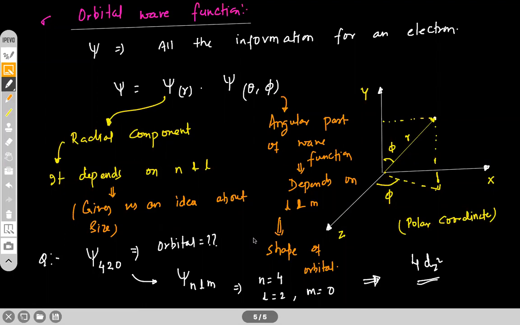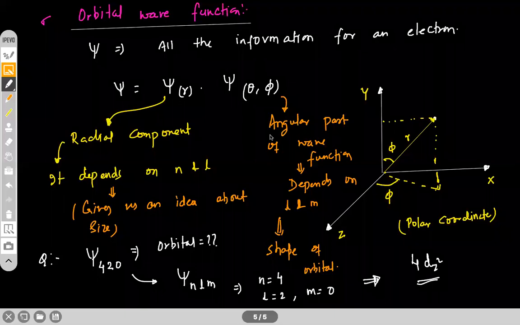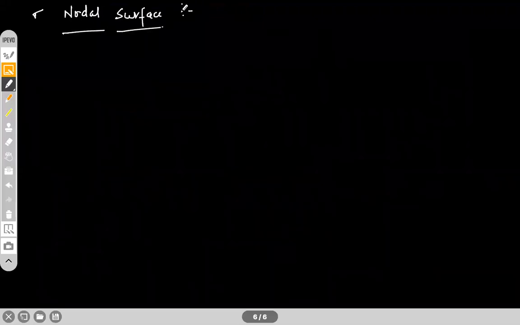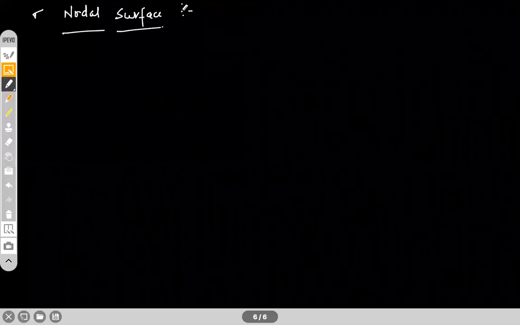One more, we have a different question here, but before that we have to understand one more concept, and then we'll see that question. And that concept is, write down all of you, the last concept of this chapter, and that is nodal surface. Definition, all of you write down.